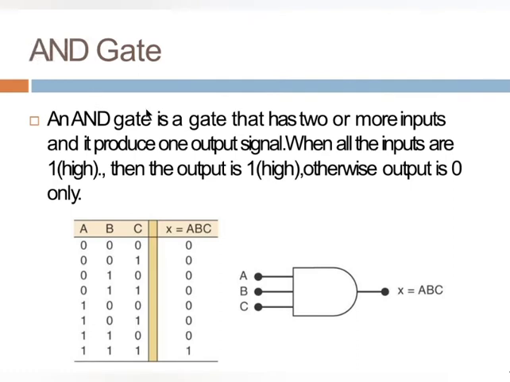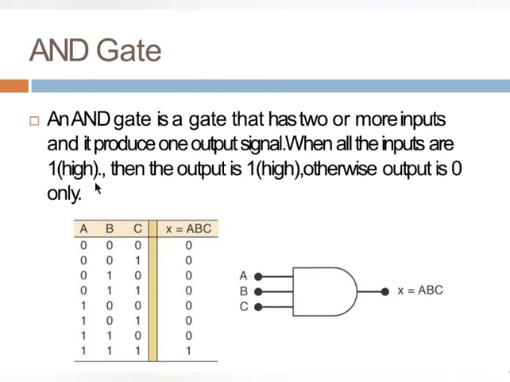AND gate. An AND gate is a gate with 2 or more inputs. Here this is the symbolic representation of an AND gate which accepts, in this case, 3 inputs, and it produces a single output.